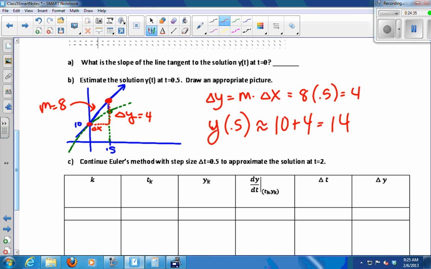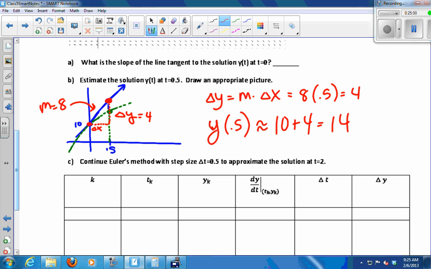So that's the picture of what Euler's method does. It says we're looking for points on the curve, but we're going to approximate them with points on the tangent line. It's like it varies case by case. It's not like it's really good. Yes, it could be really good if the tangent line is making a good approximation to the curve, or it could be really bad.